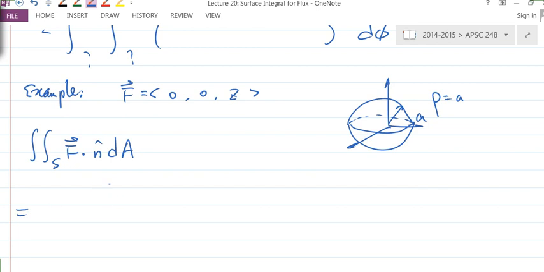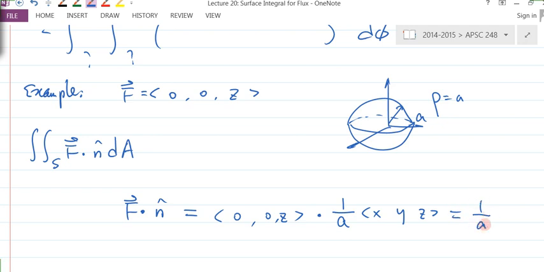All right, so let's fill in the blanks. Maybe we can do this separately first: F dot n hat. What does F dot n hat give us? F is 0, 0, z, and n hat, as we just derived, is 1 over the radius times x, y, z. So overall, this gives us 1 over A times z squared. And what is z then?